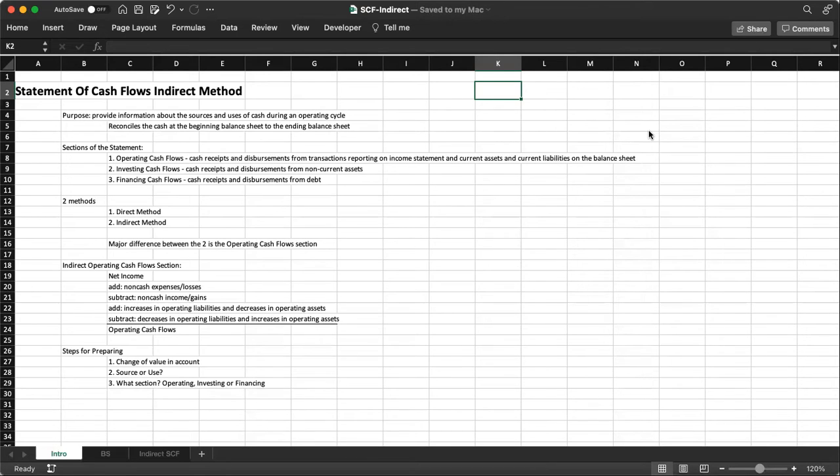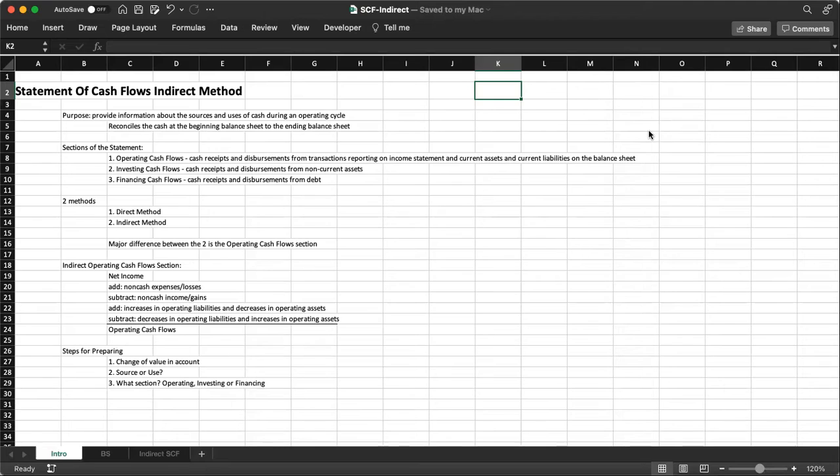Investing cash flows, these are your cash receipts and disbursements from non-current assets. And your financing cash flows are your cash receipts and disbursements from debt issued by that company. So there are two methods to completing a statement of cash flows: the direct method and the indirect method.